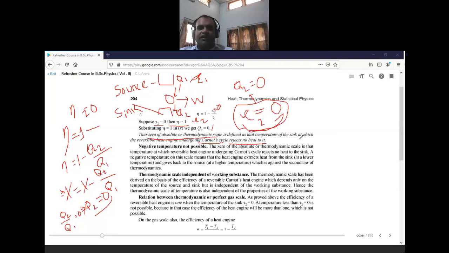The temperature of the sink at which the reversible heat engine undergoing Carnot cycle rejects no heat to it, Q2. Okay, you understood the definition?